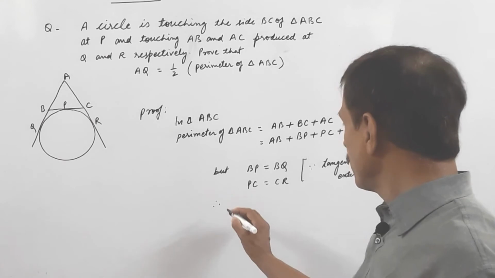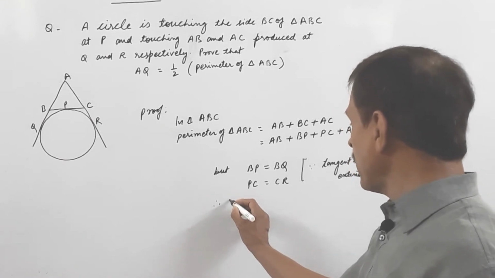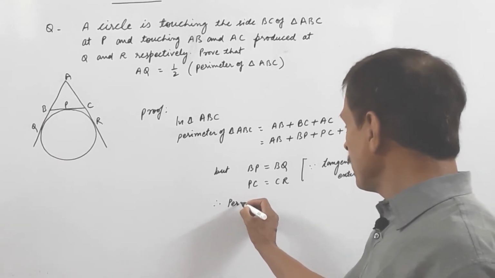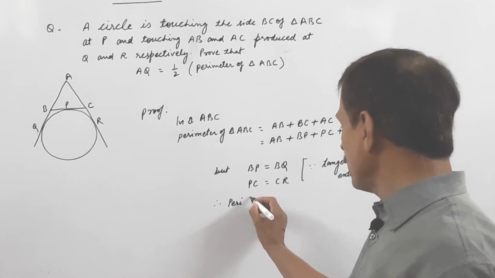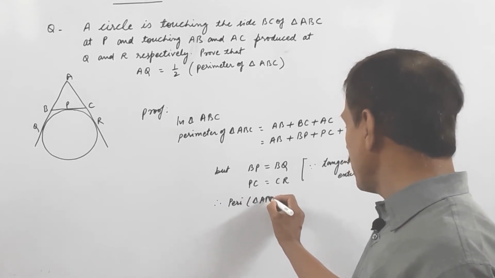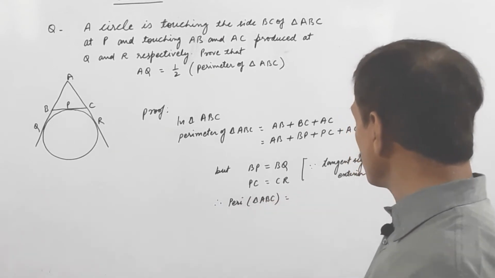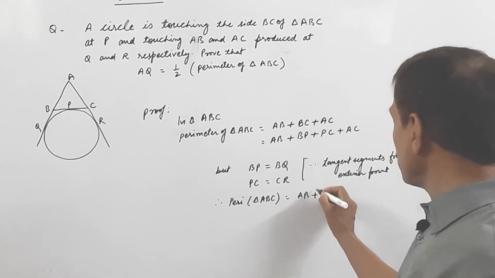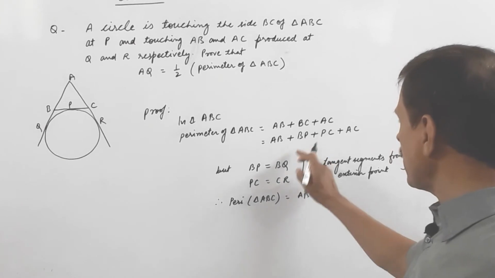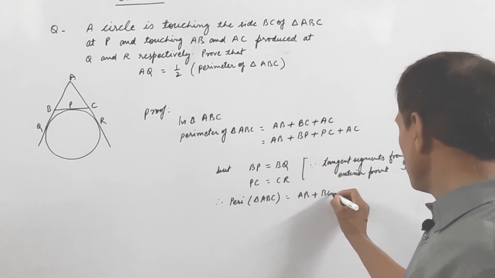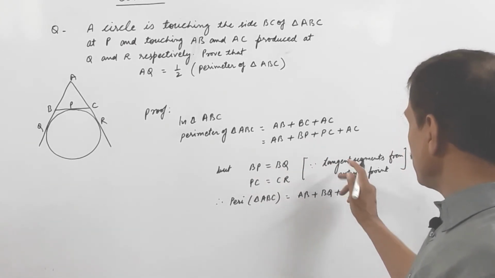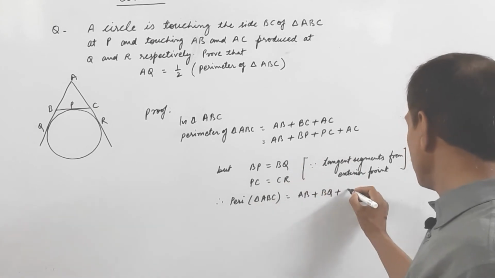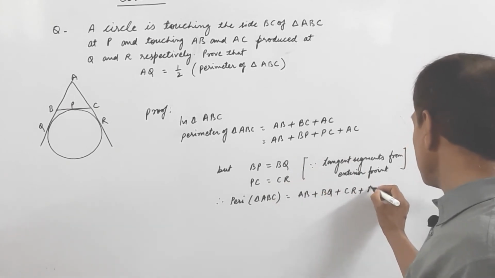Therefore, we can write perimeter of triangle ABC is equal to AB plus, instead of BP we can write BQ, plus instead of PC we can write CR, plus AC.